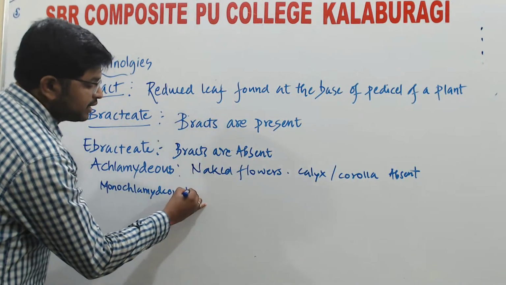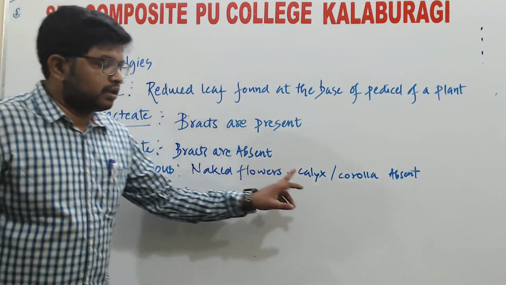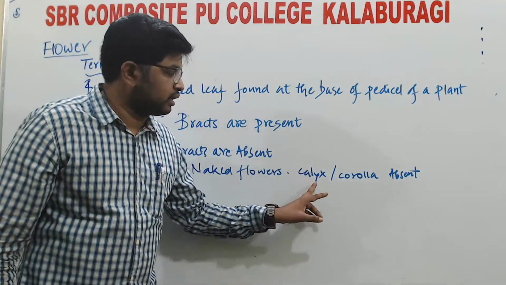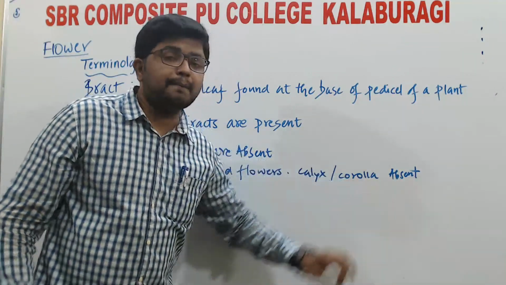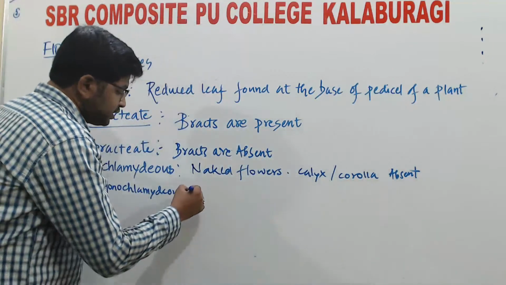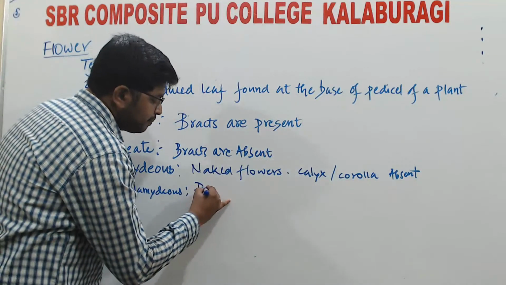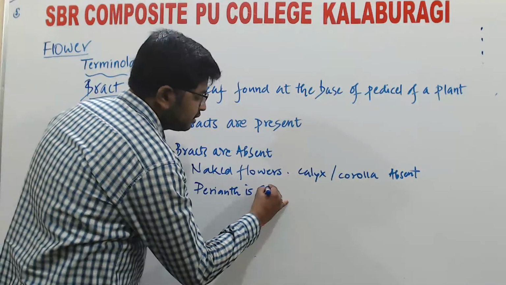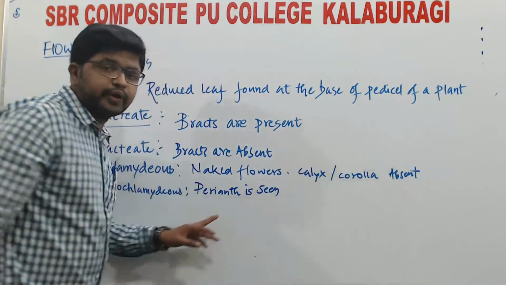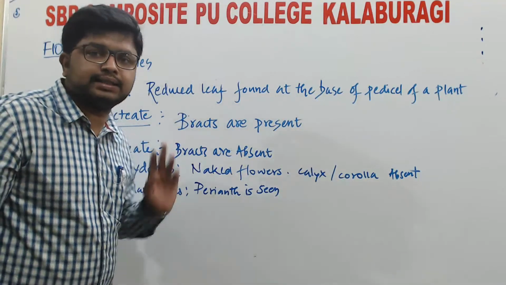Now, monochlamydeous. What is monochlamydeous? Mono means single. When calyx and corolla are not distinct and only the perianth is present, such flowers we call monochlamydeous.